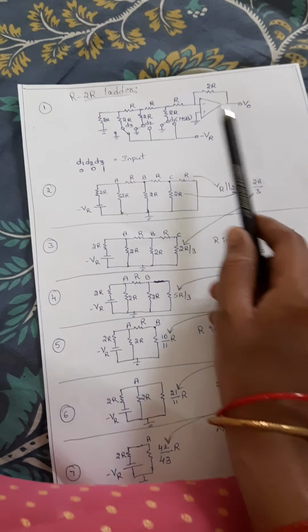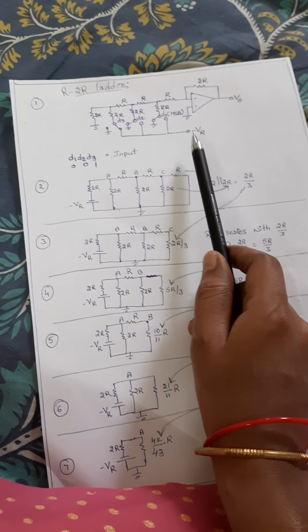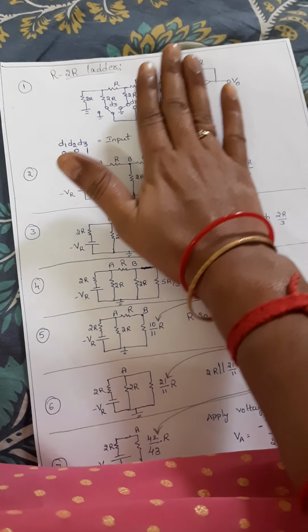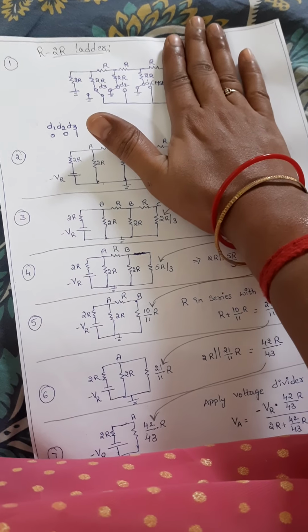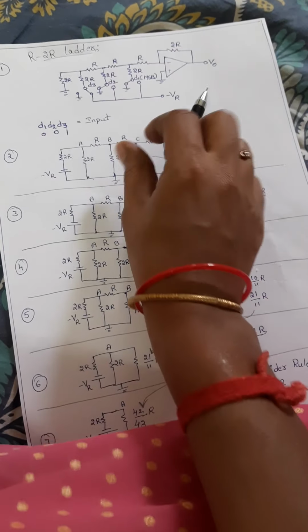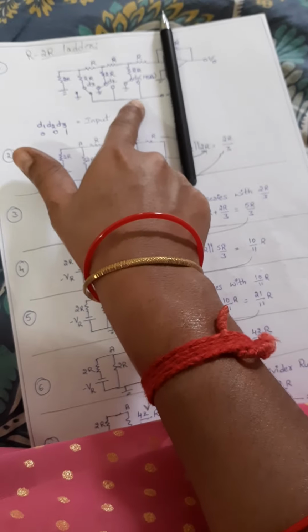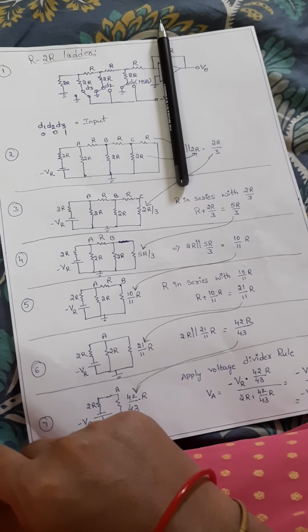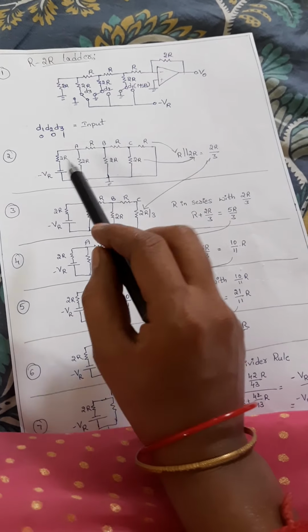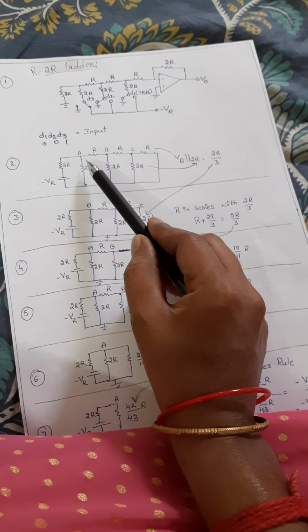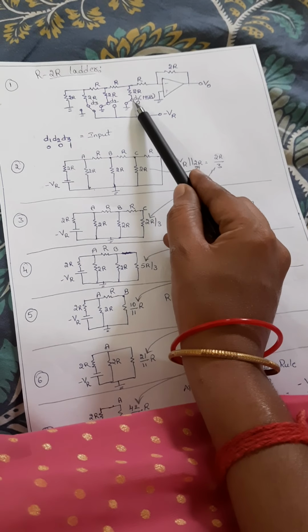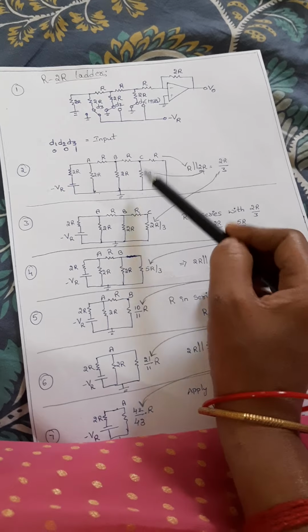So how to proceed with this type of circuit? Observe here, first keep apart this part and take only this part. Don't remember this part now. Take only this part. So 2R, 2R, R, 2R is connected to ground.